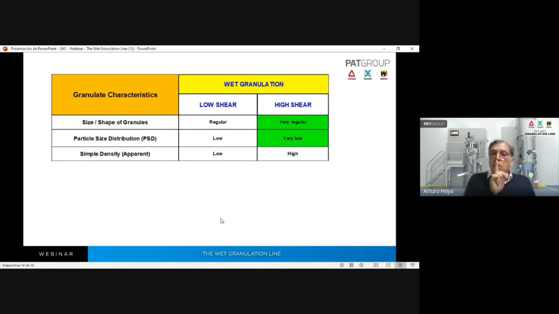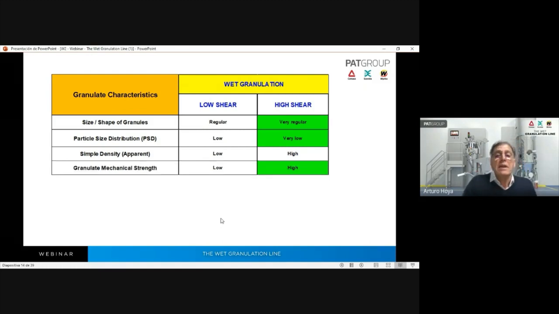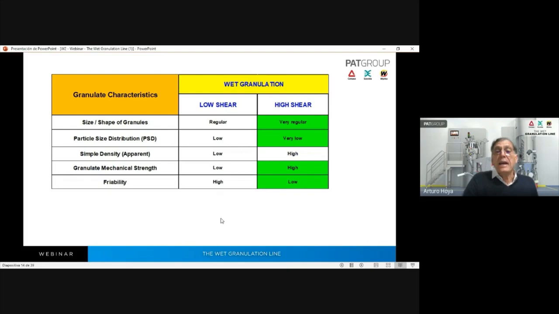So we need to control the densification in high shear very, very carefully. It's the only problem that we can have in high shear. The granule mechanical strength is low in low shear and high in high shear. The friability of the granules is high in low shear and low in high shear.